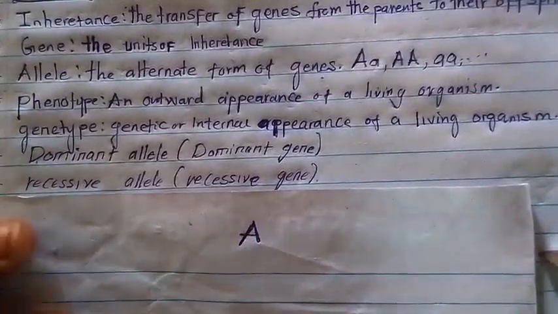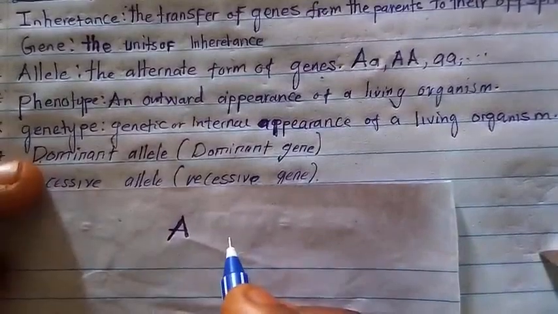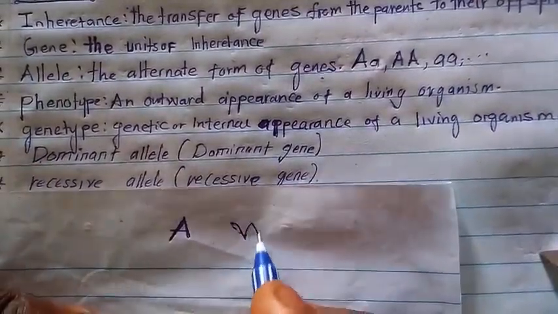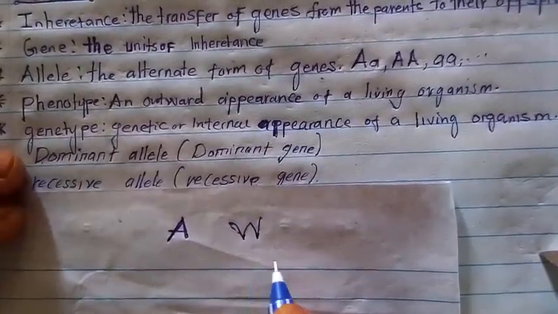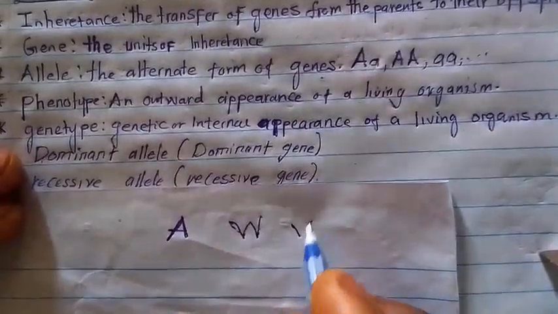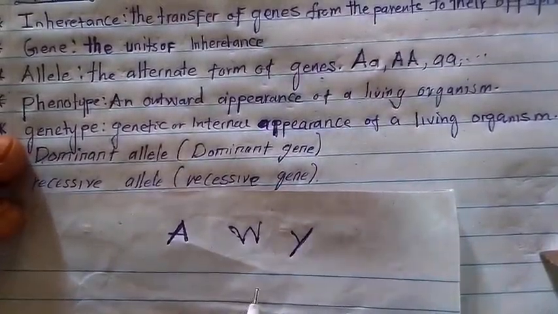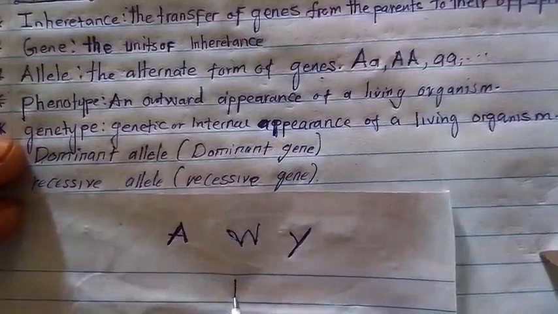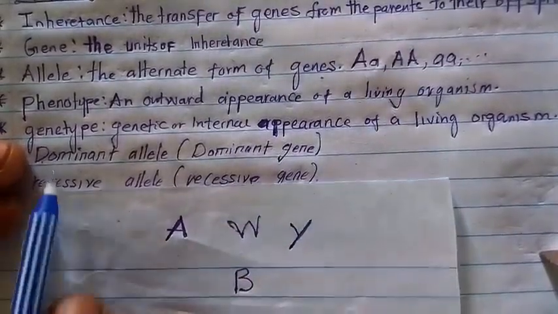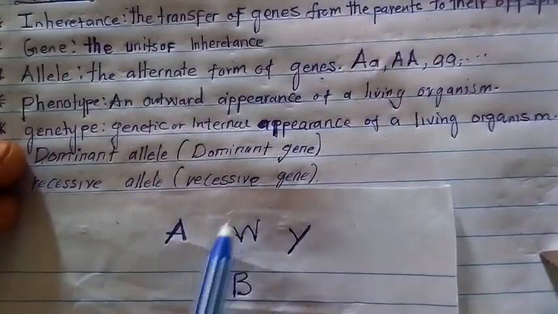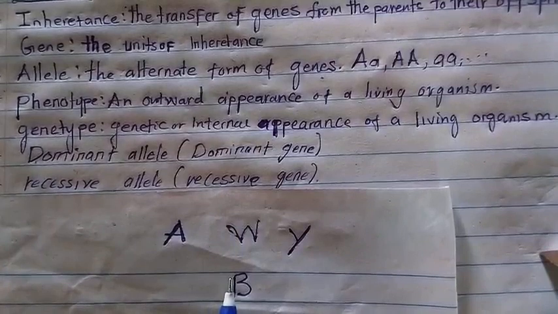Now, let's say, for example, if we have W, when you talk of a dominant gene, you are going to use capital letter W. If you have a dominant allele as Y, you are going to use capital letter Y. And if you have a dominant allele as B, you are going to use capital letter B. So in short, dominant alleles are alleles which overshadow the recessive allele in the phenotype.